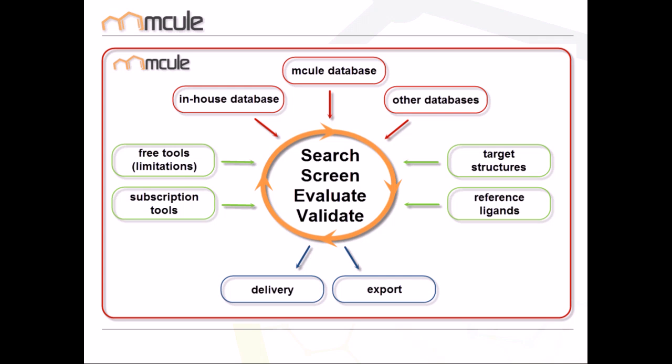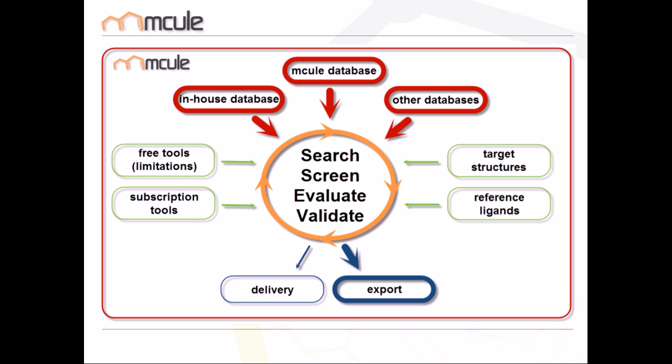And so all the compounds from the Mcule database are purchasable. If you run any searches and screening on the Mcule database, and at the end you have a hit list, then all these compounds are available for purchase.